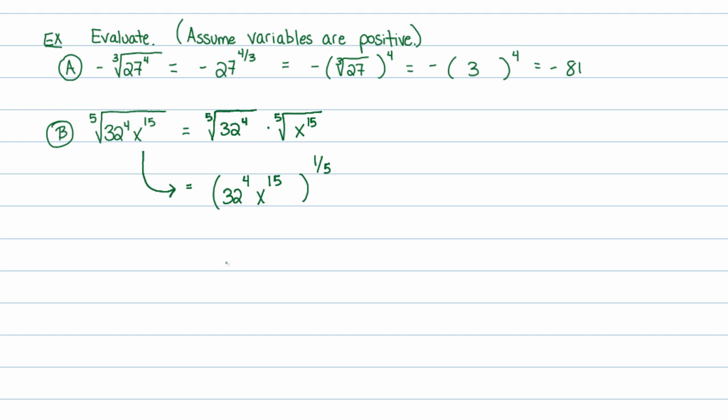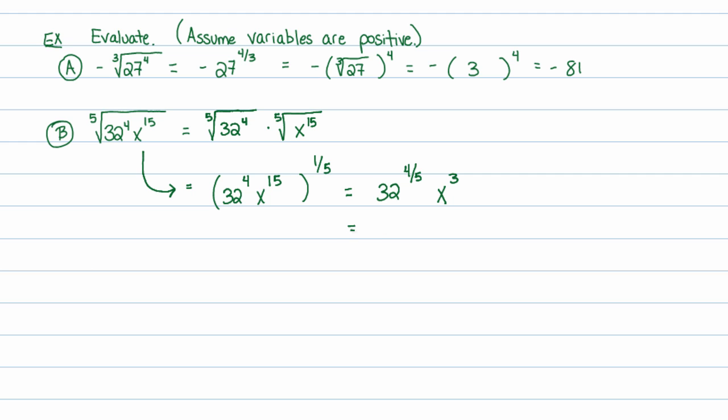Now that I'm seeing it, that's actually a much better way to rewrite this, because now I can apply this power to each of these factors. So I'll have 32 to the 4 times 1/5, or in other words 4/5 power, and x to the 15 times 1/5, or in other words the 3rd power. Well, the x part pretty much solves itself here.